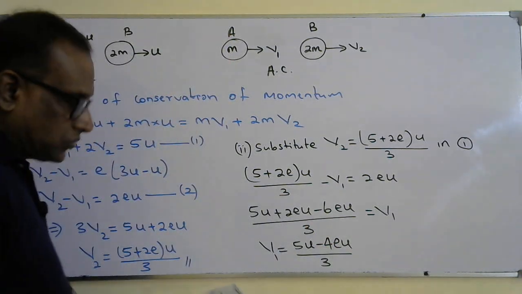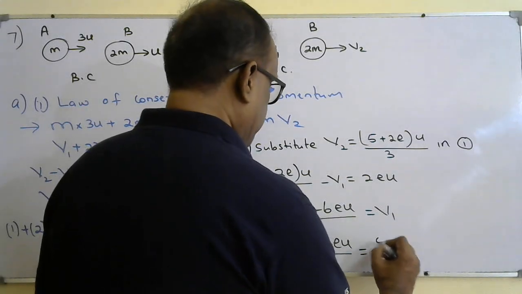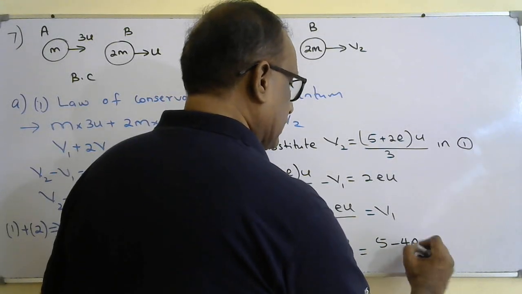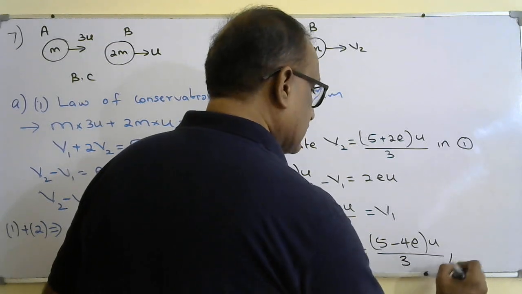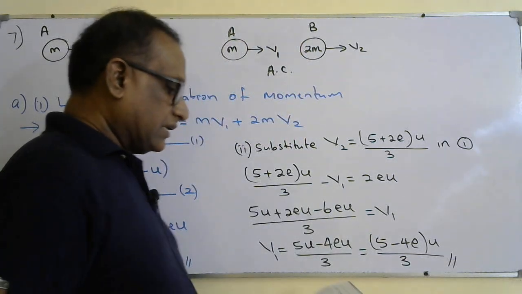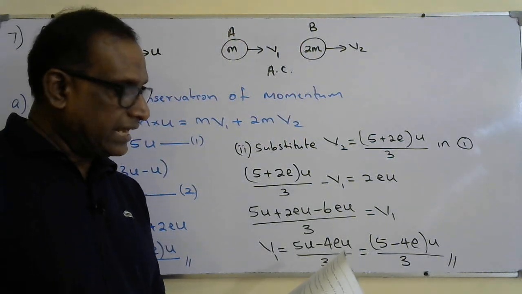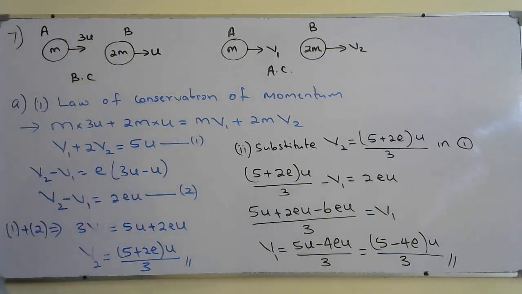You can take the u out: (5 minus 4e)u over 3. That's the speed of A immediately after collision.